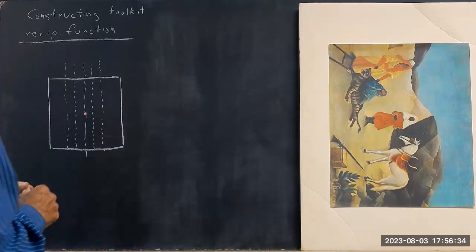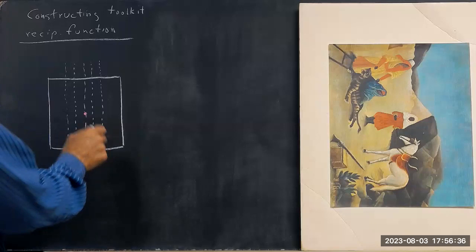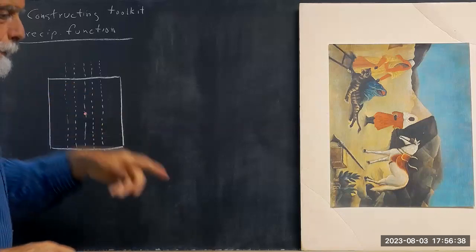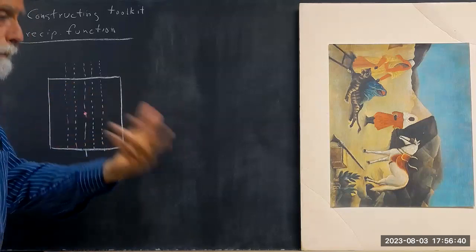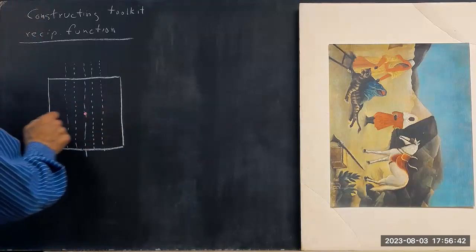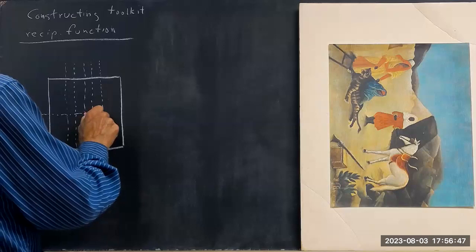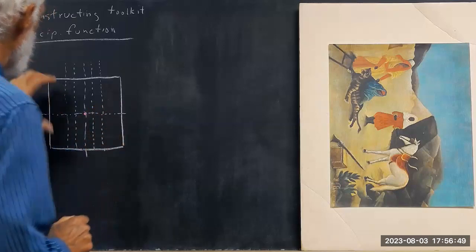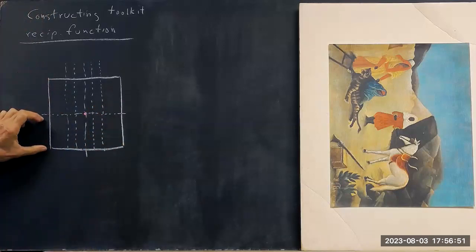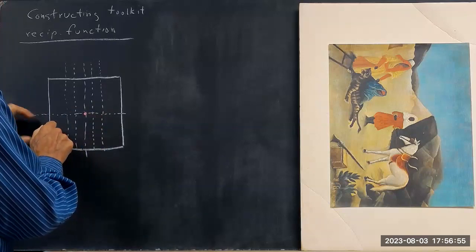Then, first of all, we're going to do something very similar to what we did with the toolkit exponential function and the toolkit squaring function. We're going to subdivide the whole rectangle in half horizontally, and then divide that in half horizontally.